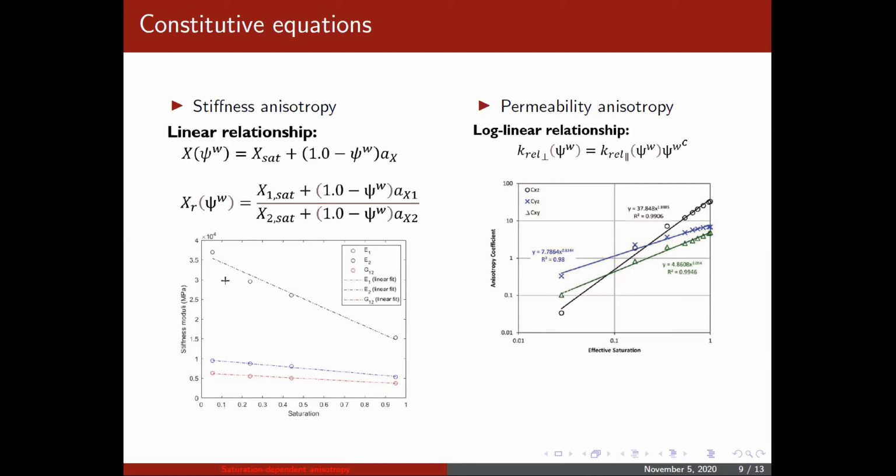We can see that for some samples in the literature, a linear relationship is good at showing the relationship between the moduli and saturation. For the permeability and anisotropy, I've used a log-linear relationship, which has been shown to be a good fit for sands and some other soils.